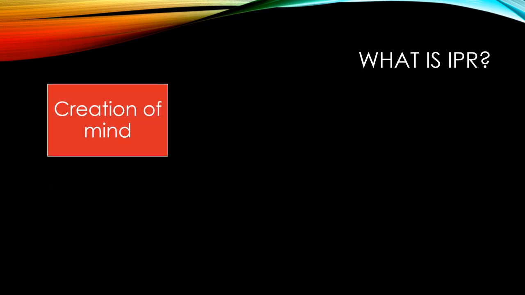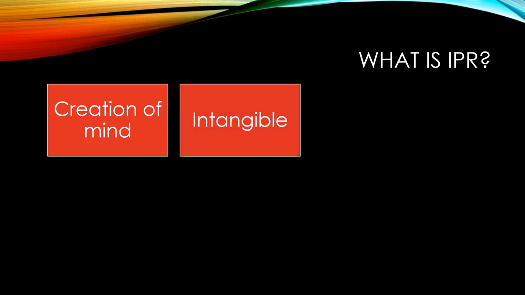Intellectual property rights are recognitions or rewards given to the creativity of mind, and therefore they are intangible. Unlike physical properties, intellectual properties cannot be touched or felt in the usual way.